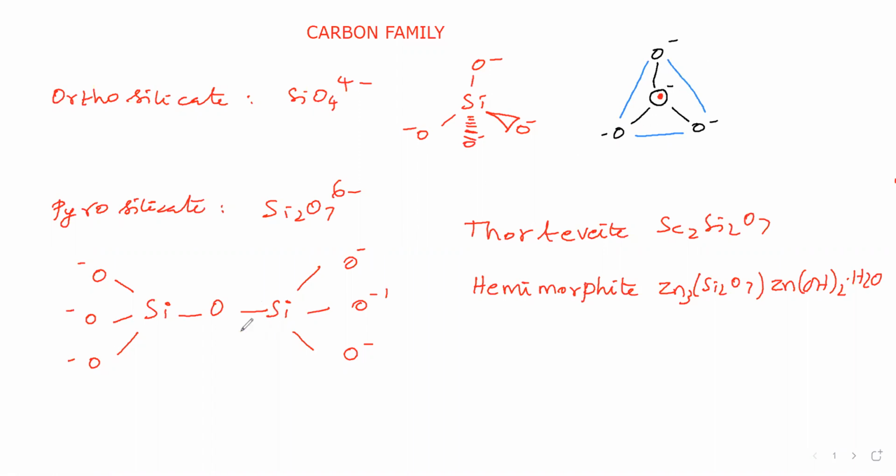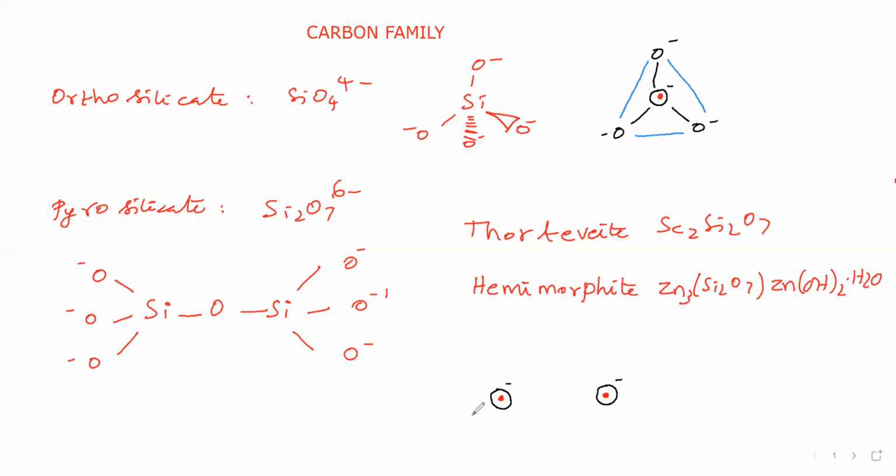Next, pyrosilicate, how to give in this form, that we will see. Now 2 silicon atoms are there. It is one silicon atom, it is another silicon atom. Then each silicon has a rear side O minus.